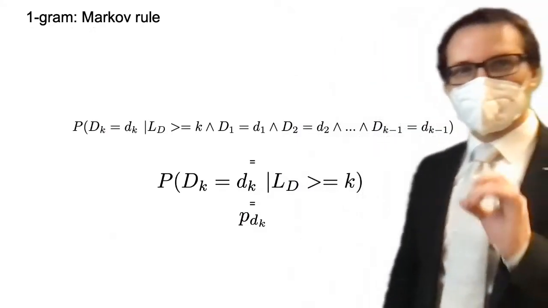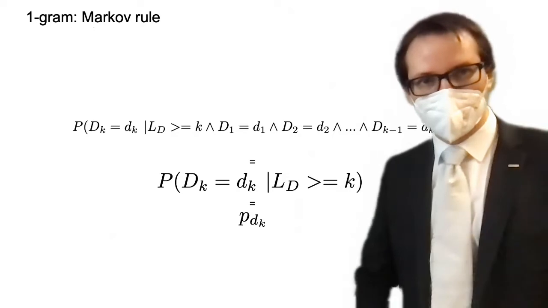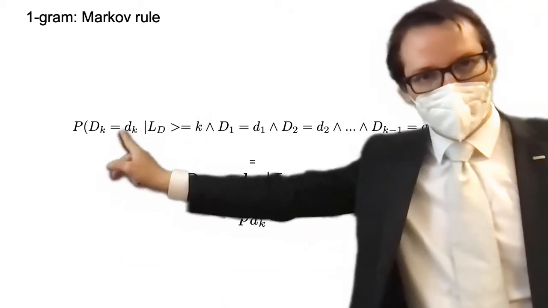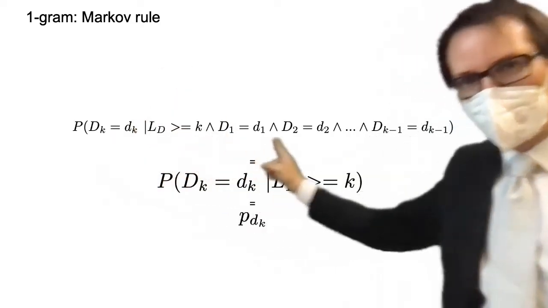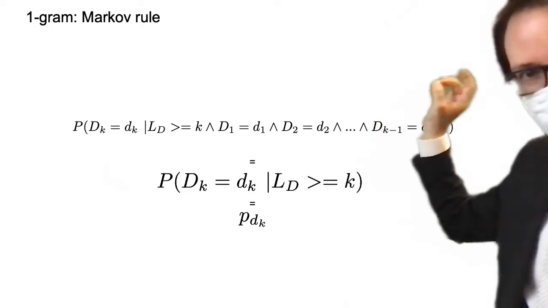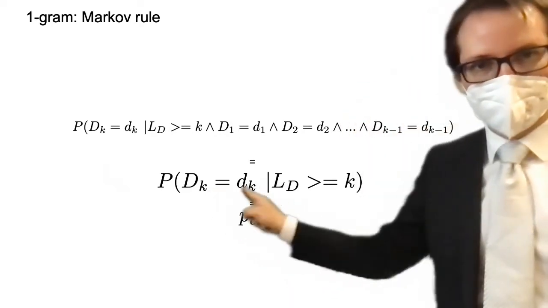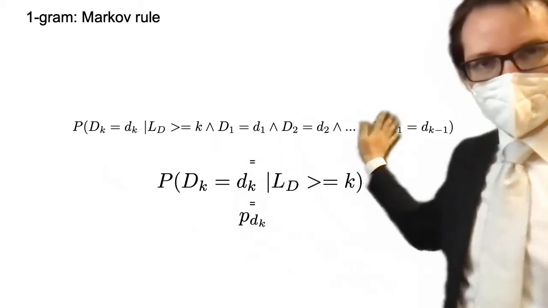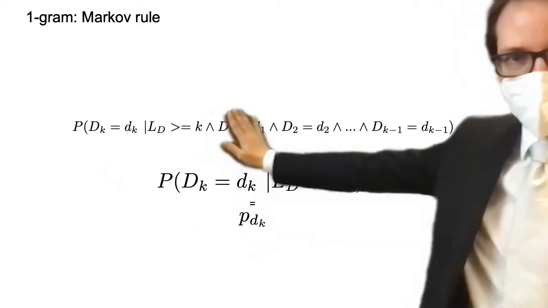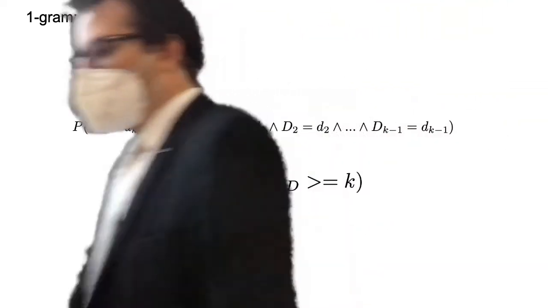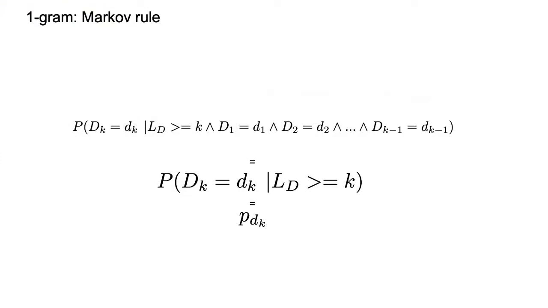It means that I'm looking at 1 gram, and what my Markov rule tells me is that the probability that the kth term is dk, conditioned on the fact that the length is at least k and all the previous terms, is the same as the condition that it's dk based on the length, ignoring the previous terms. I dropped them, I forgot them, I don't even remember. This all goes away. So I'm basically just looking at the probability that the next term is dk, just knowing that it exists. The length being k means there exists a term at position k.